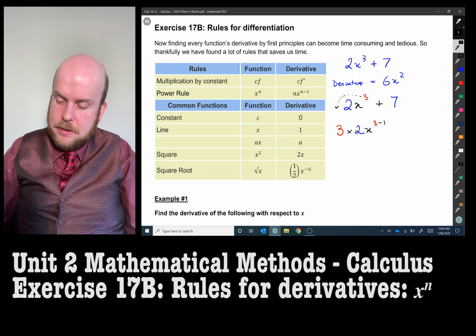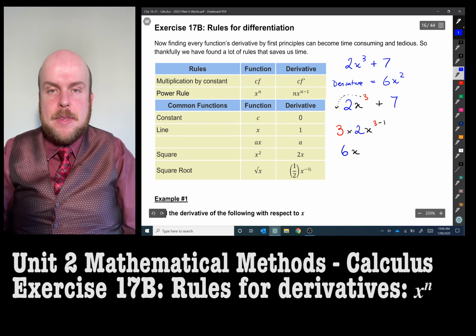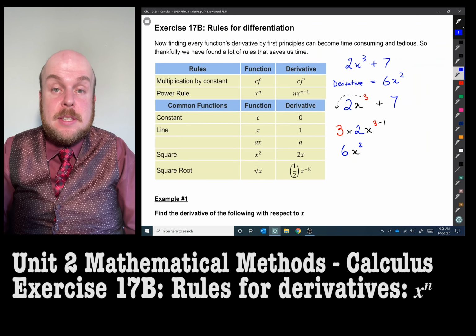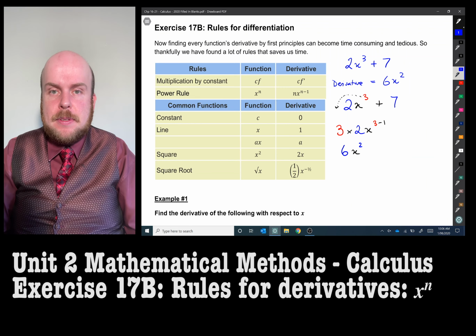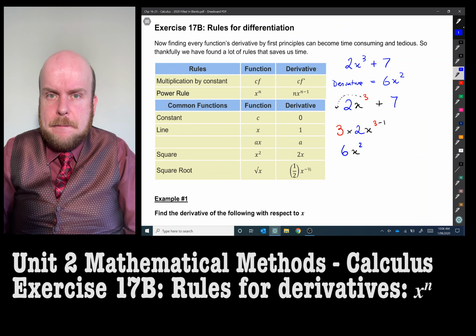And that gets you 6x squared. And that's the derivative rule for any powers. But you might be wondering, why does the 7 disappear?